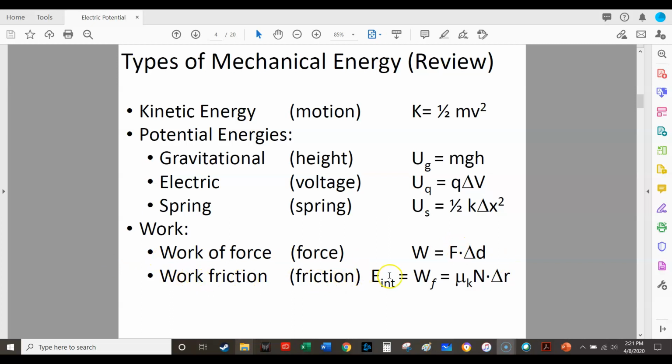Frictional force is a unique type of energy which takes energy away from the system. If we're talking about kinetic friction, kinetic friction is the frictional force times the change in distance. So it's mu sub k times the normal force times whatever distance that friction is being applied to the object.